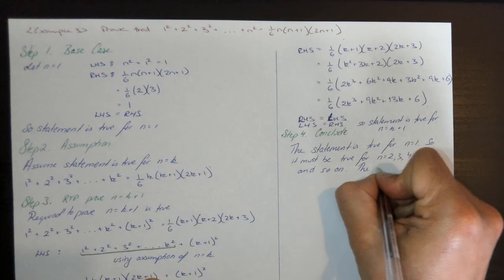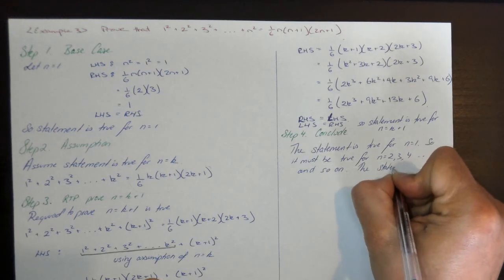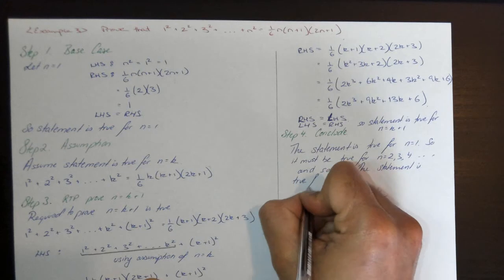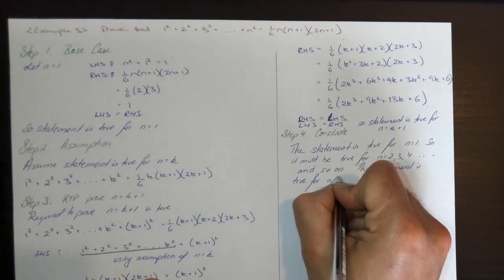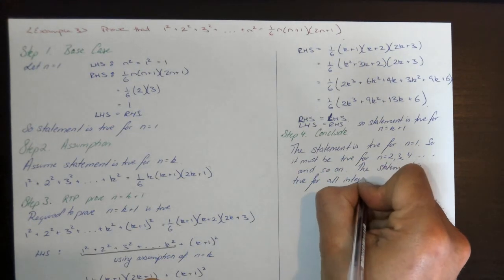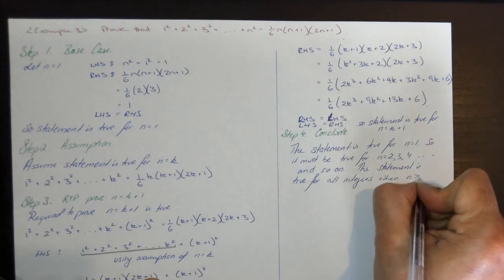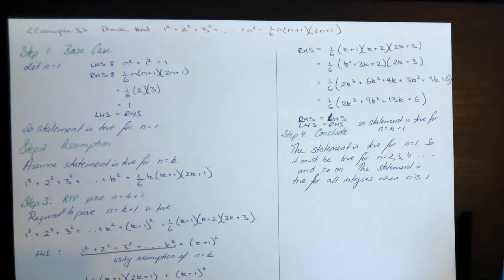So the statement is true for all integers when n is greater than or equal to 1. Okay, and that is all the proofs.